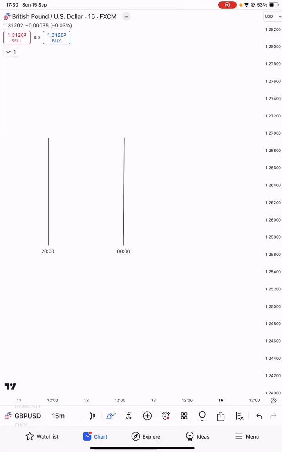So that's the Asian session, and I say Asian range because, obviously, the Monday range model is universal to all markets.